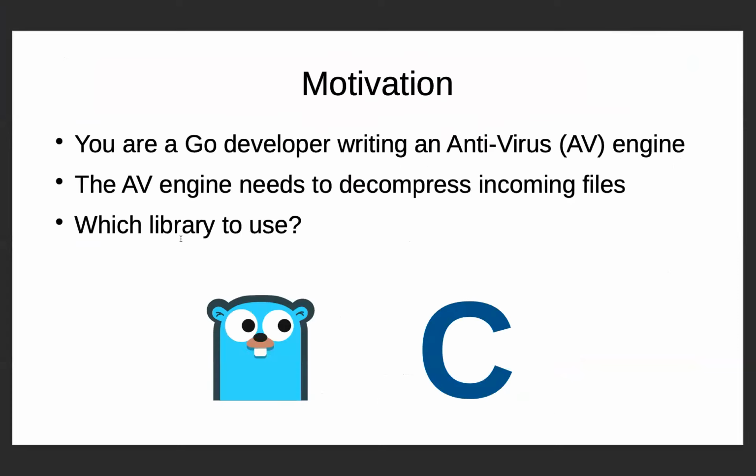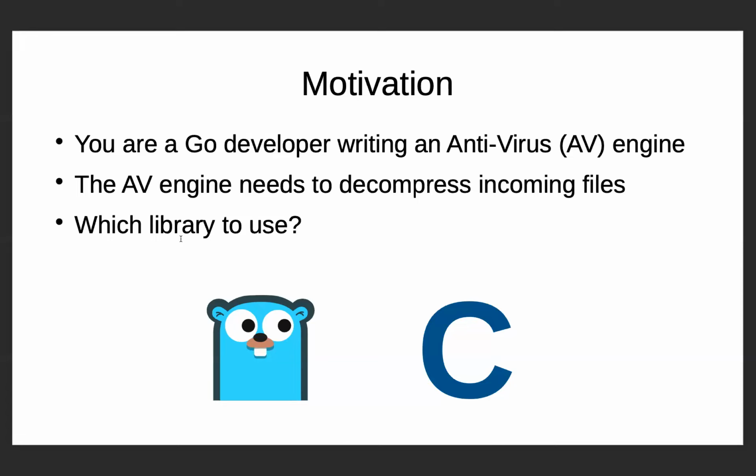So let's start with a little bit of a scenario to motivate this work. Let's assume you're a Go developer and you're writing an antivirus engine, and the AV really needs to decompress incoming files to be able to inspect them. And you have the choice.